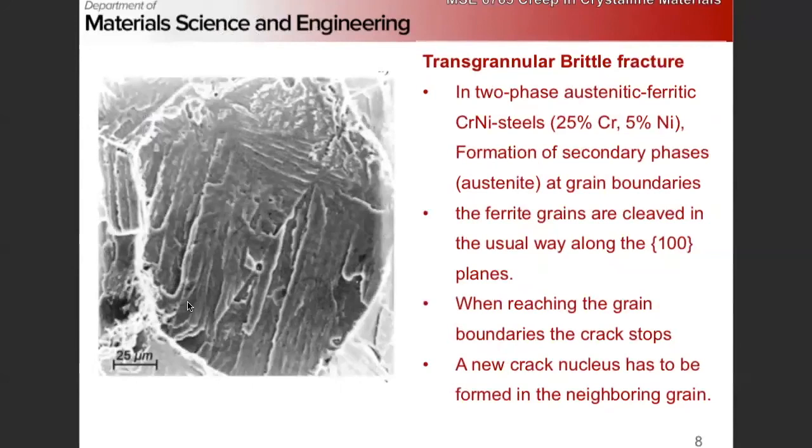And then what you need to do is get a stress that's high enough to nucleate a new crack in the neighboring grain, right? Then once that grain cleaves, the ductile region in between will shear and fail in a ductile manner, right?